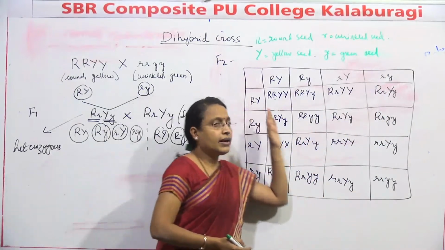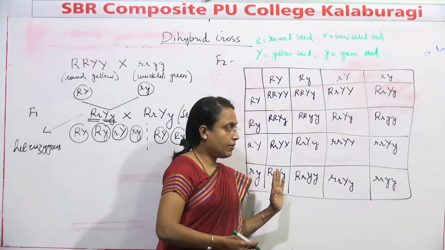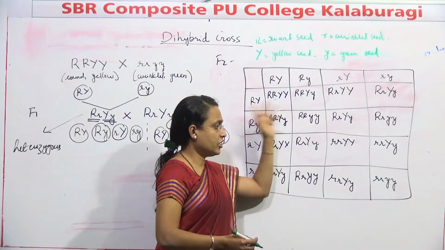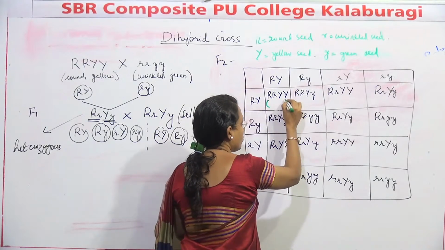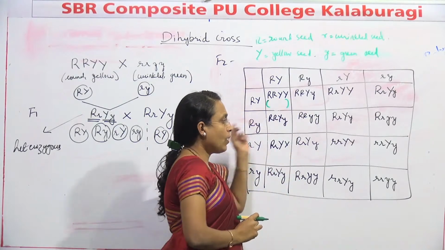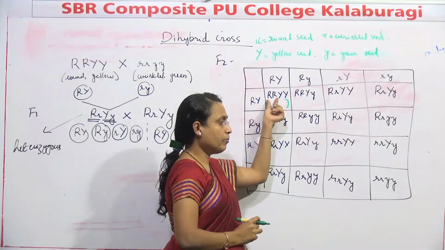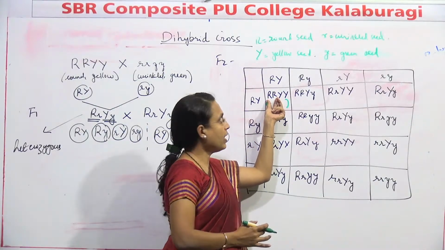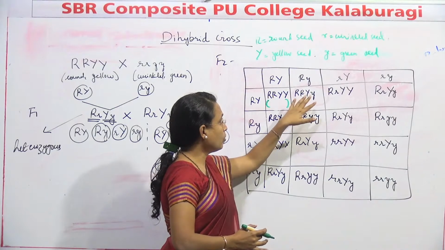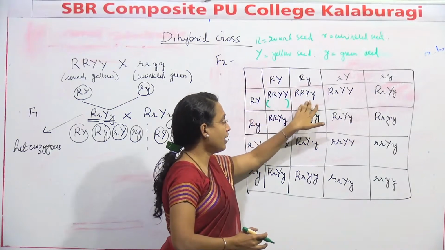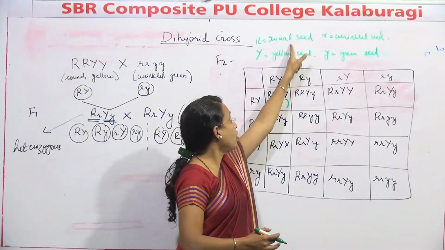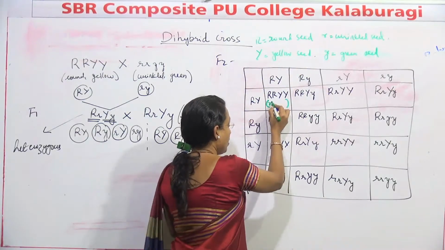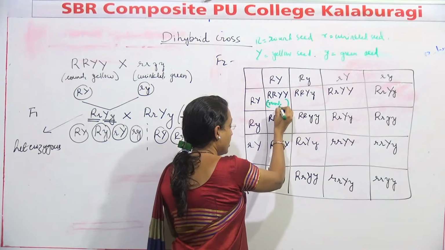While writing the phenotype of a particular genotype, you should only take care when it is heterozygous condition. So one by one, R and R both are dominant, so there is no need to observe carefully. Directly you can write it. R is for round seed, so phenotype here is round seed.